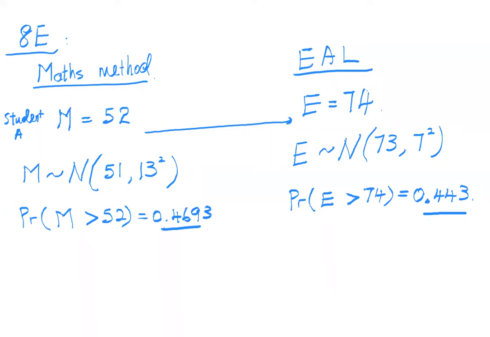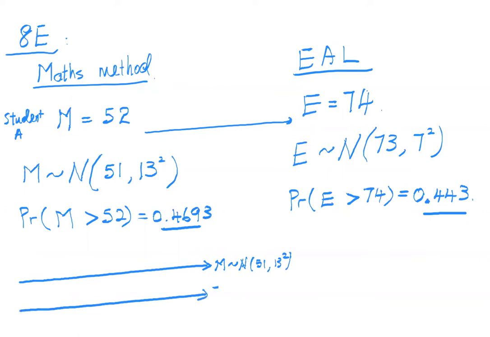In maths, any score with any mean and standard deviation, I can scale it to the standard score, called the Z. In this standard score, the mean is 0 and the standard deviation is 1 unit, whereas the original mean is 51.